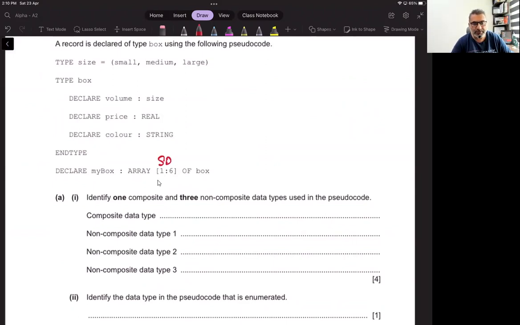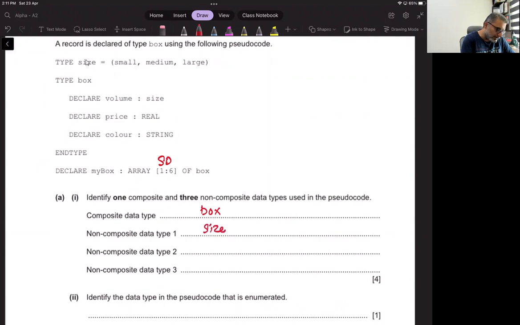Identify one composite and three non-composite data types used in the pseudocode. So the one that is composite data type is definitely box, because composite data types are those which are made up of other data types. So this box is made up of size and real and string. Non-composite data types: first one is size.